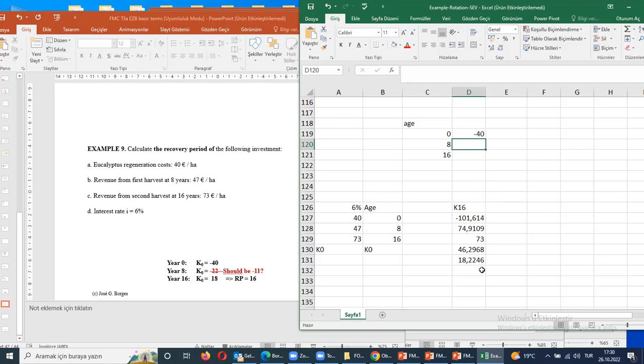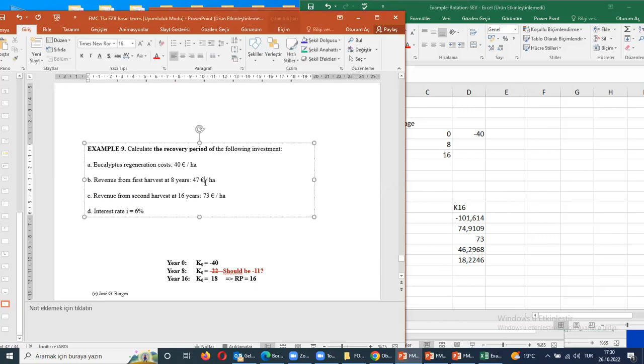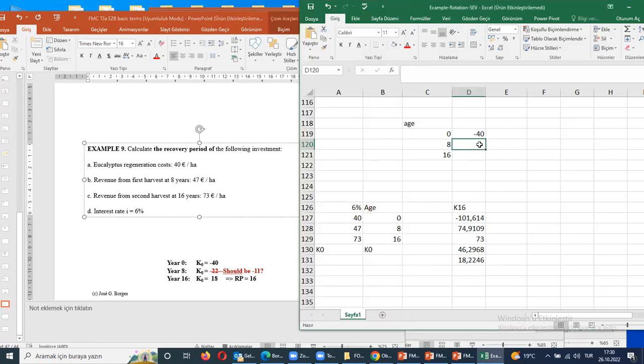At the age of 8, we could just do the calculation of the future value and the present value too. The future value is just $48, and we could discount it to today. So at the age of 8, we could calculate the net present value.